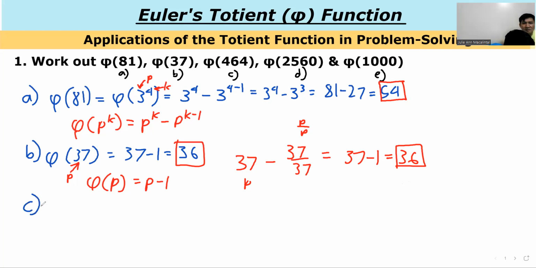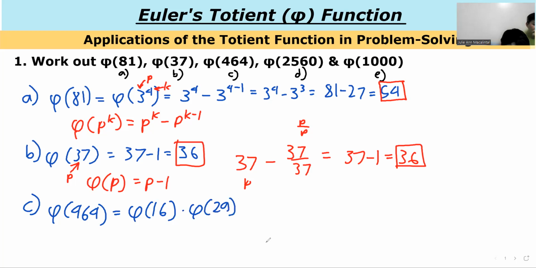Now the totient function of 464. 464 is neither a perfect power nor a prime itself, but it's a composite. The totient function is multiplicative, and 464 happens to be 16 times 29.